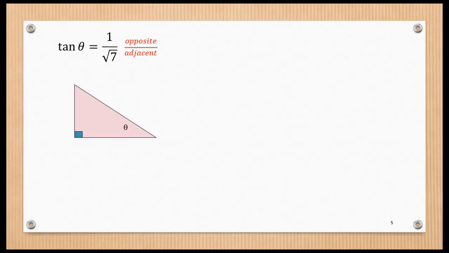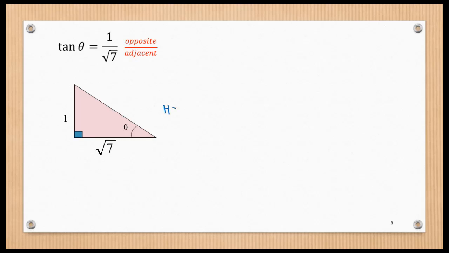We draw a right triangle here. We will have the opposite of 1 and adjacent of root 7. To find the hypotenuse, we have to use the Pythagorean theorem.